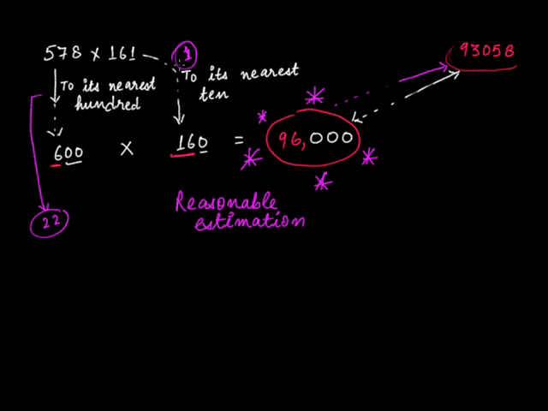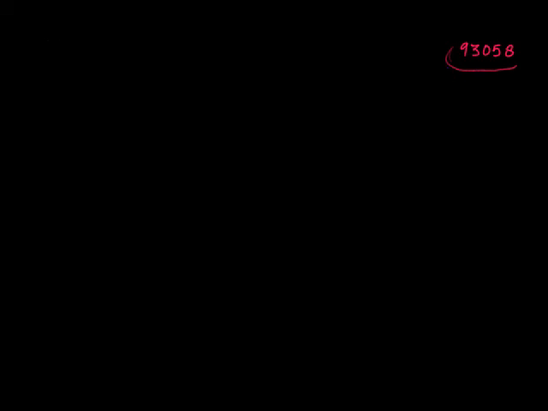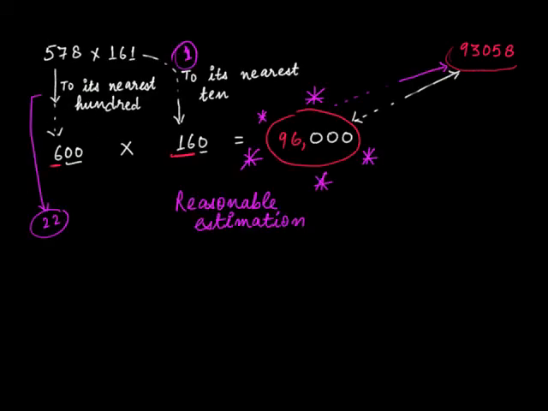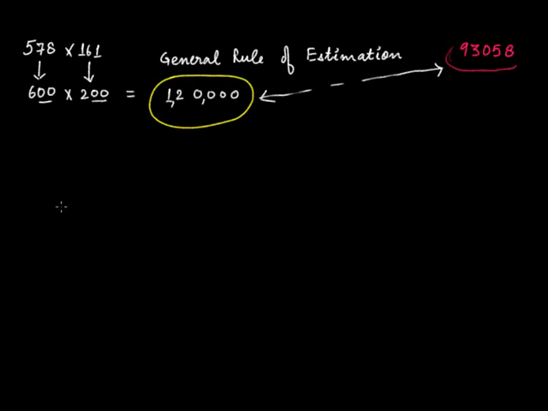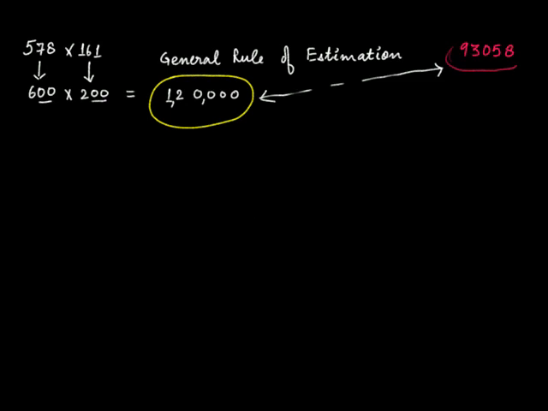In comparison, 578 to 580 was 2, but the difference here was 39, so it's much greater than what we made here. We made two adjustments: we rounded off 578 and 161 both.